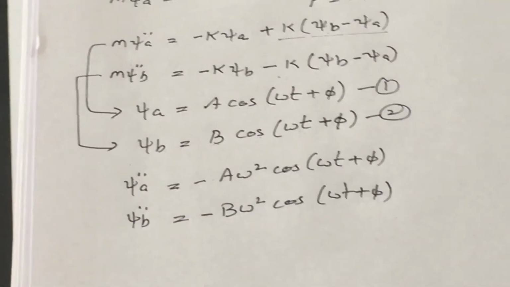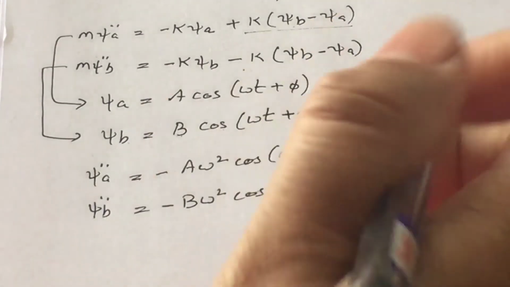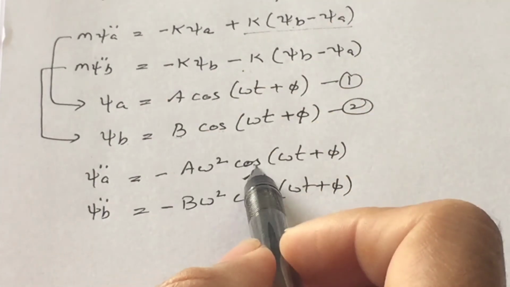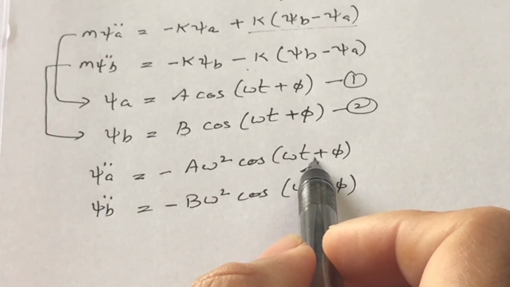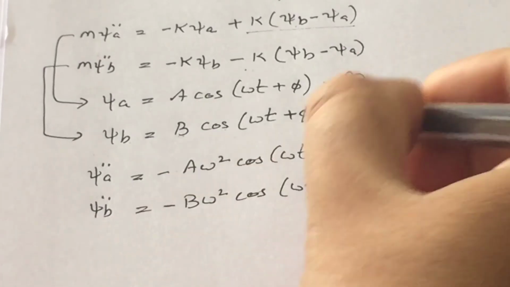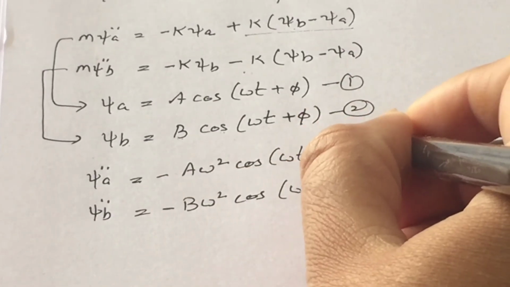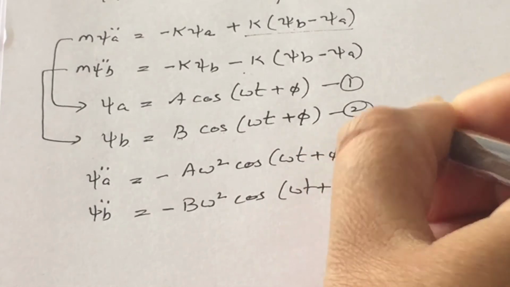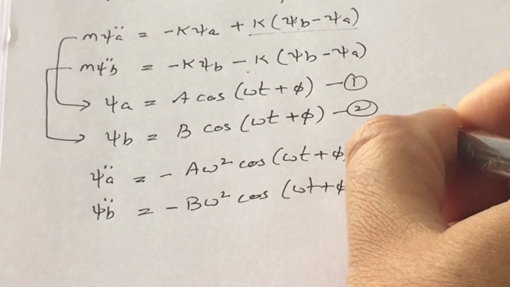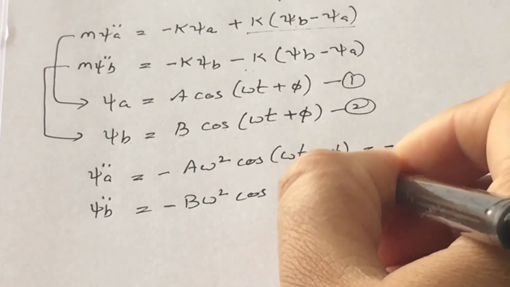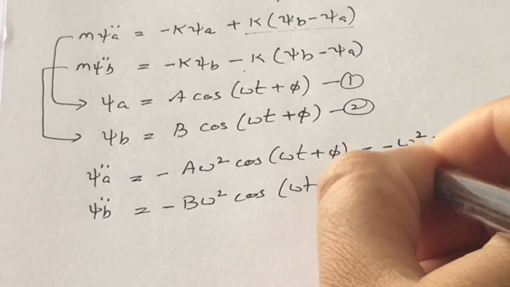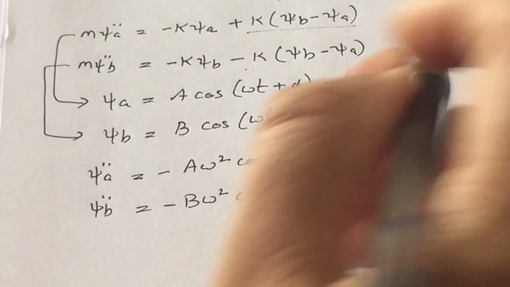Both these equations can be written in the form of displacement also, as a cos omega t plus phi. Psi a double dot is equal to minus omega square psi a, and psi b double dot is equal to minus omega square psi b.